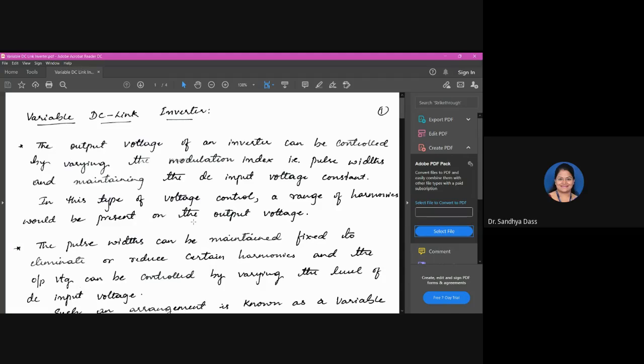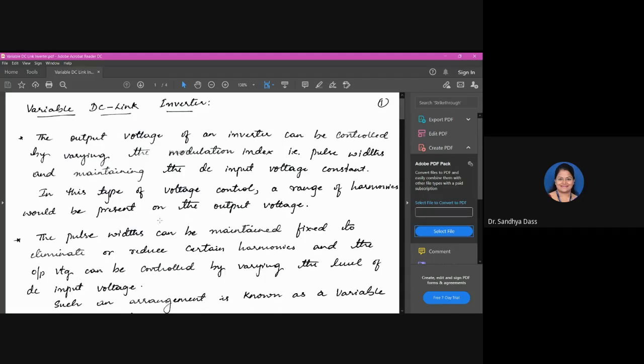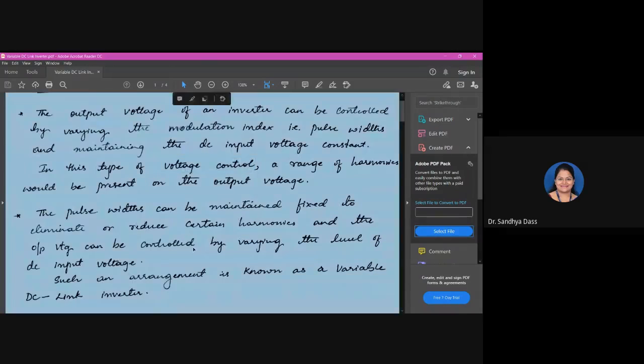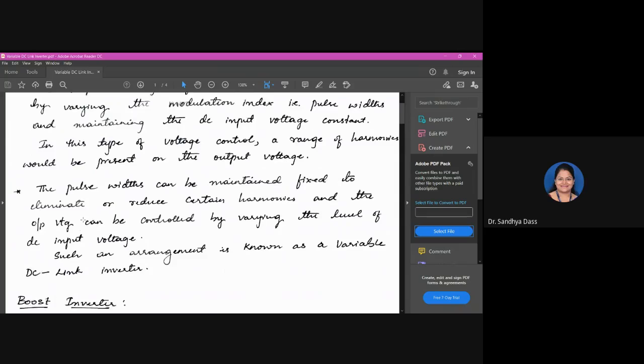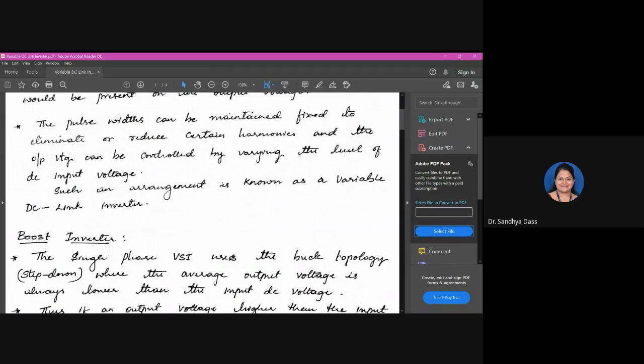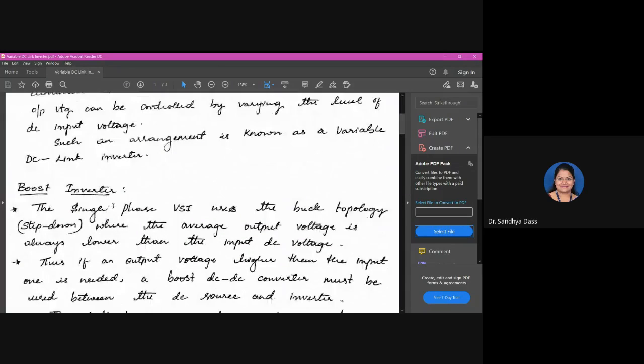A range of harmonics would be present in the output of this type of control. So the pulse widths can be maintained fixed to eliminate or reduce certain harmonics, and the output voltage can be controlled by varying the level of input voltage. Such an arrangement, as I just explained, is known as a variable DC link inverter.